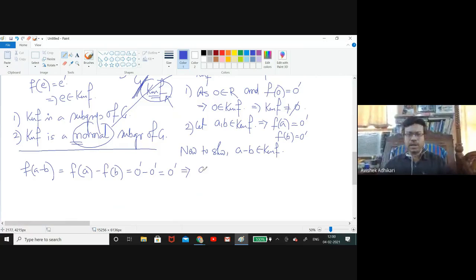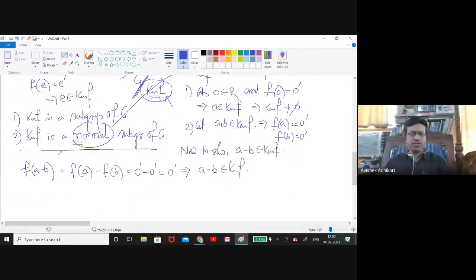That implies a minus b belongs to ker F, because that is the definition of kernel: all elements which map into the zero element of the other ring, R dashed. Now the first property is done.